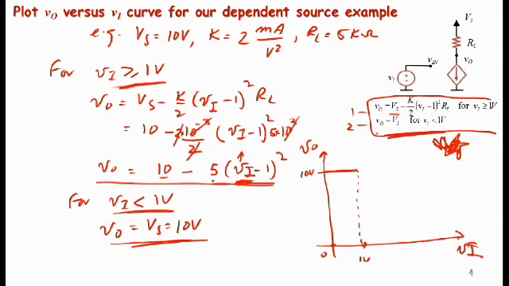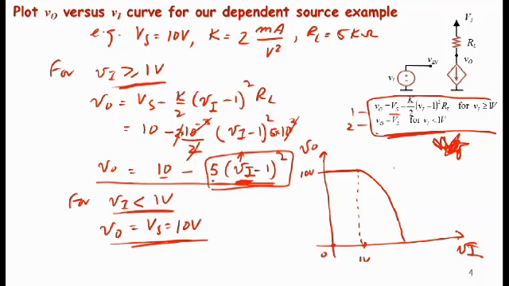So starting from 10, I'm going to subtract a value that increases as the square, and so I get a curve that is steeply falling and looks like this.